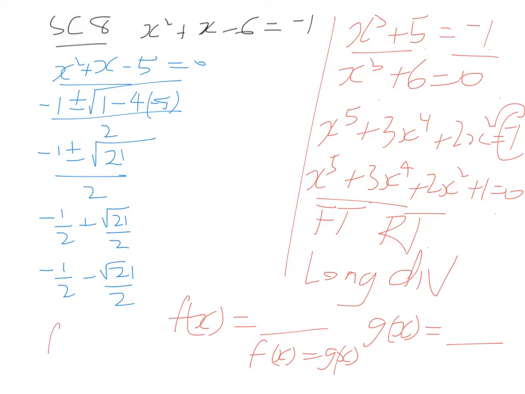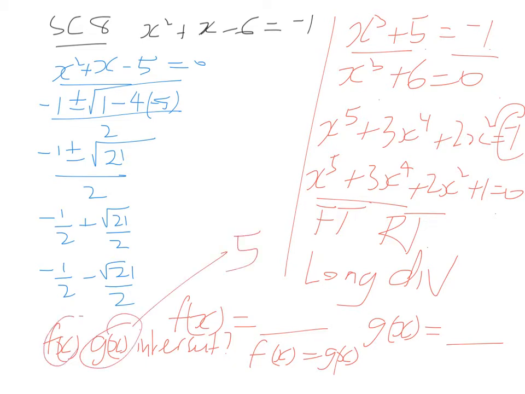So where do f of x and g of x intersect? g of x may just be a number, 5. f of x may be something to the power of 12. Doesn't matter. We still go through things the same way.